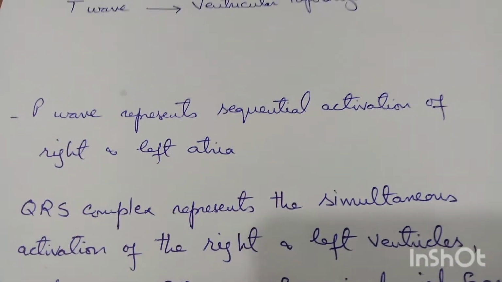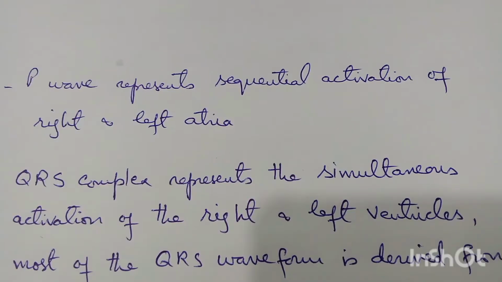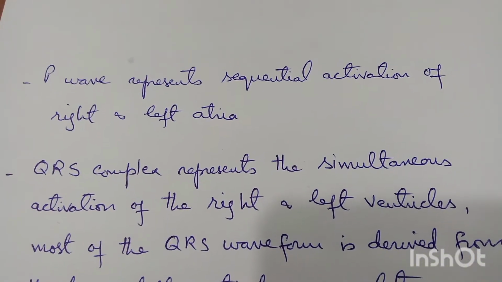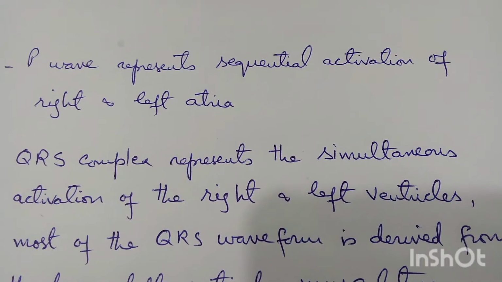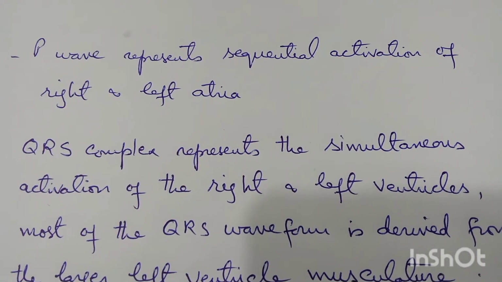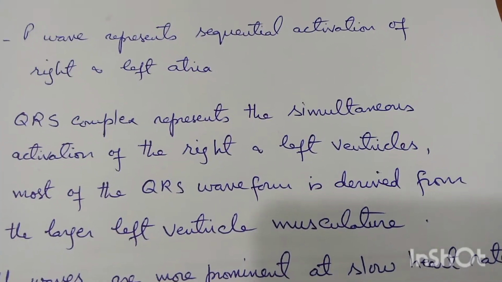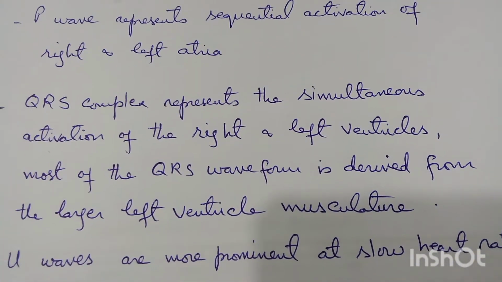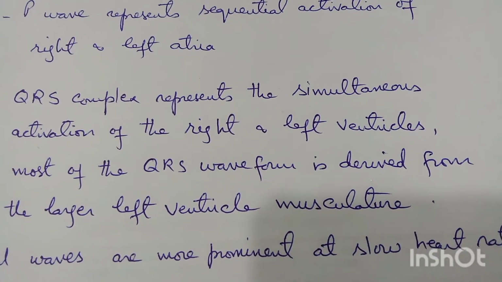Students, here are some of the positive points to always be remembered. P wave represents the activation of right and left atria. QRS complex represents the simultaneous activation of right and left ventricles.